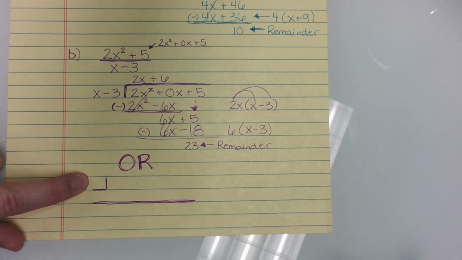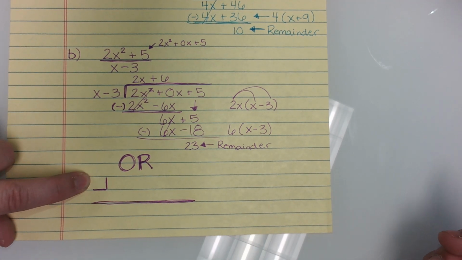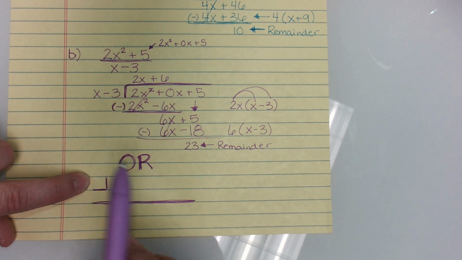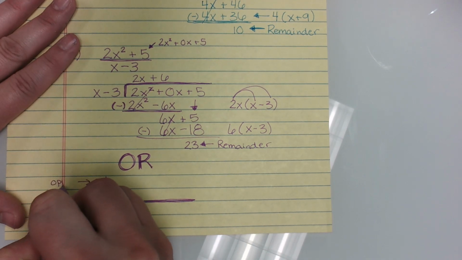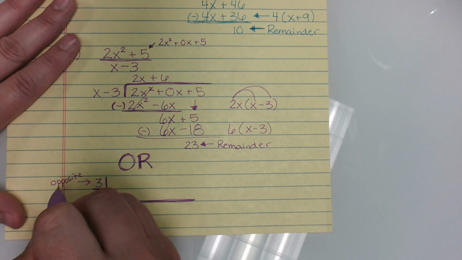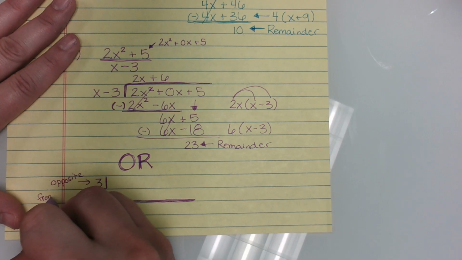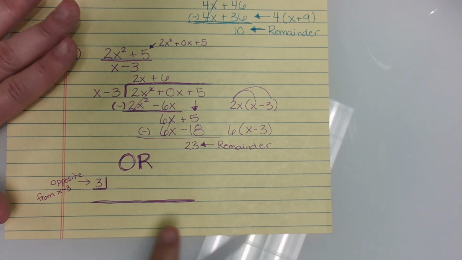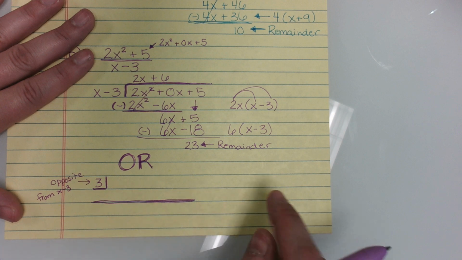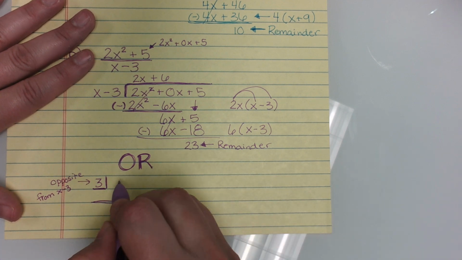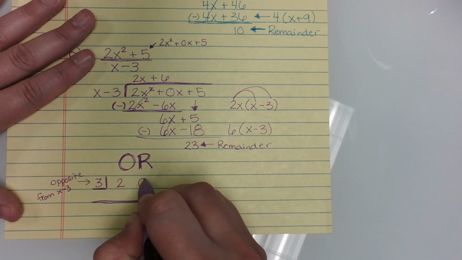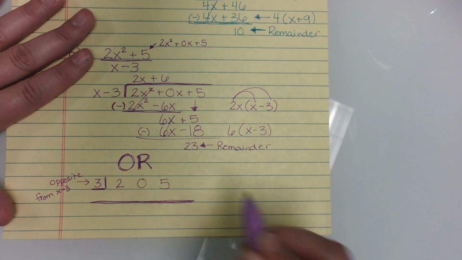Inside the little box was the opposite of the number in the denominator. That was negative 3, so in here I put positive 3. And then across next to it, you put all of the coefficients from the top, including the zeros. It went 2, it went 0, it went 5.